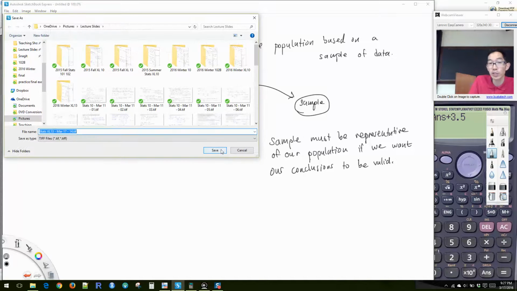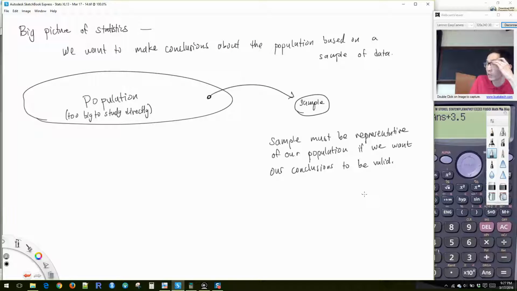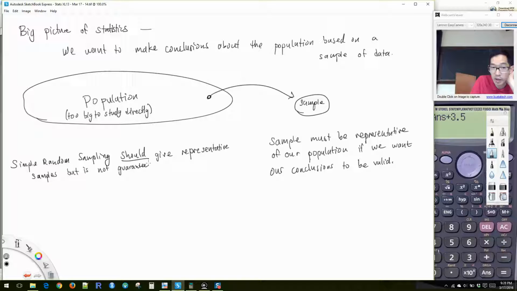Now, one thing that should give representative samples but does not guarantee representative samples is simple random sampling. Okay, so that's an important thing. So simple random sampling should give representative samples, but is not guaranteed to do so. Because it's random, right?